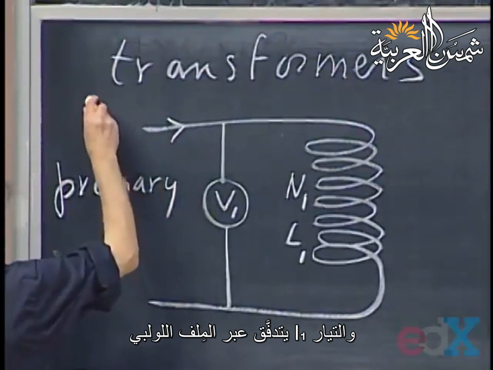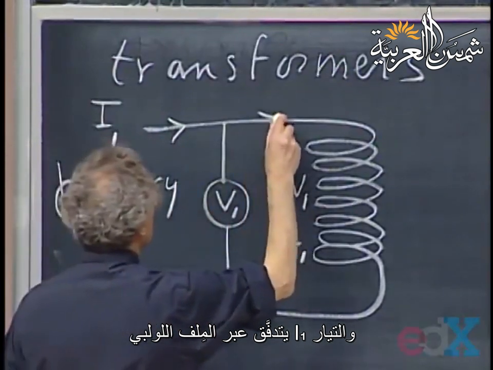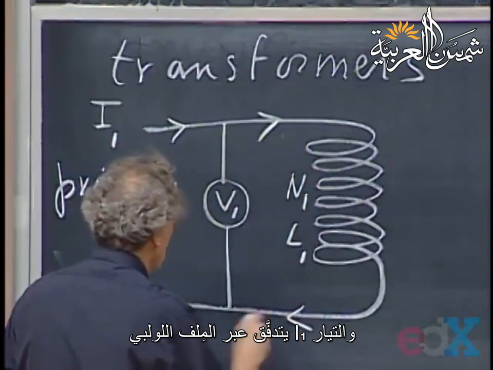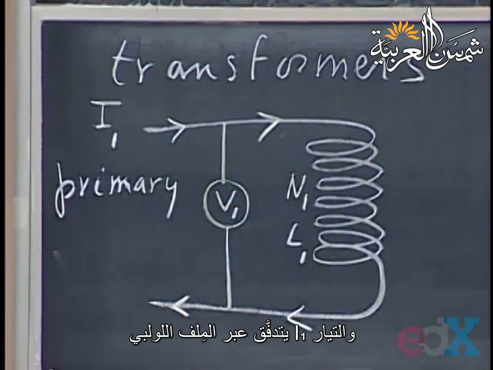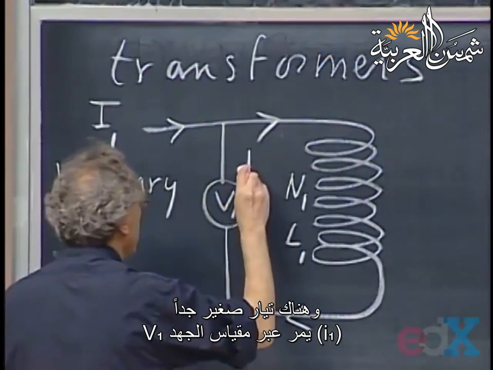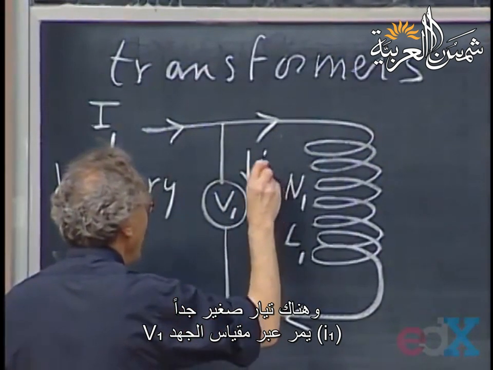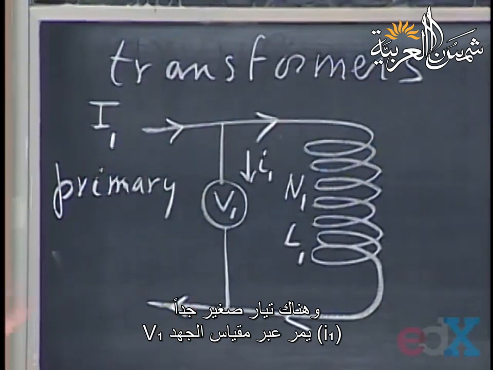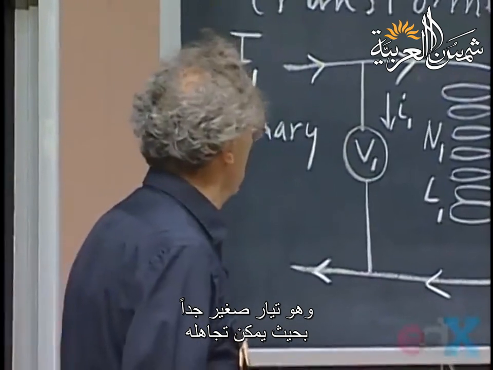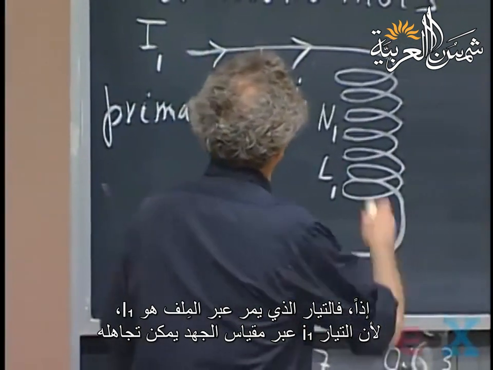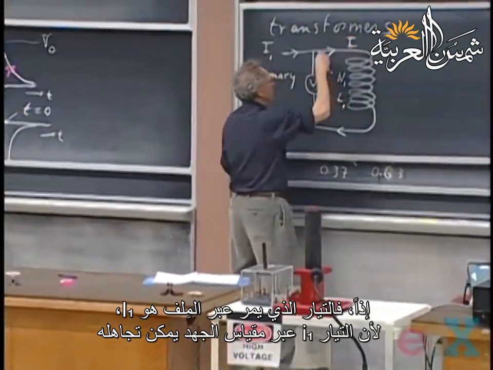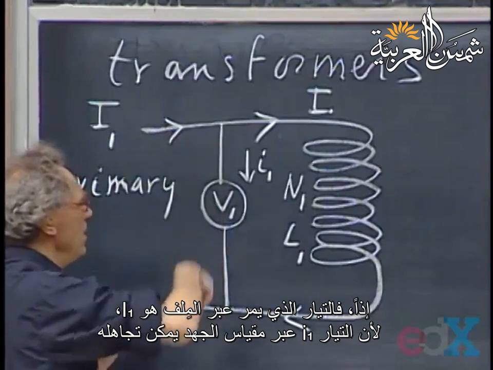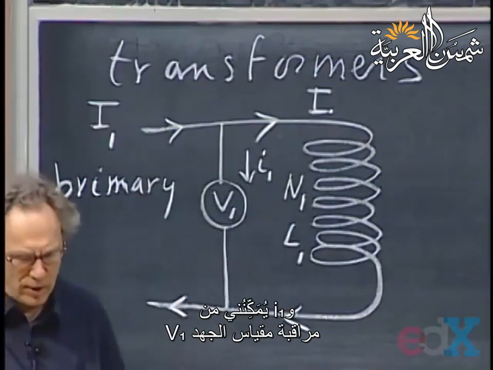And a current I1 is running through the coil and returning. And there is a teeny weeny little current, I put a little I there, running through this voltmeter. Insignificantly small, so I just call this also I1, because this I1 is so small, but it allows me to always monitor V1.